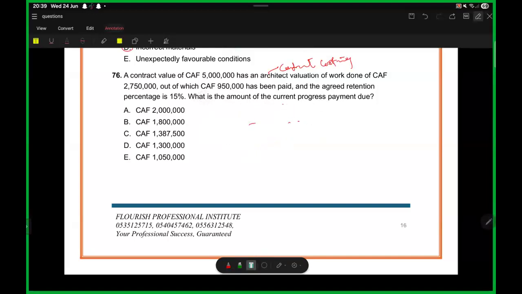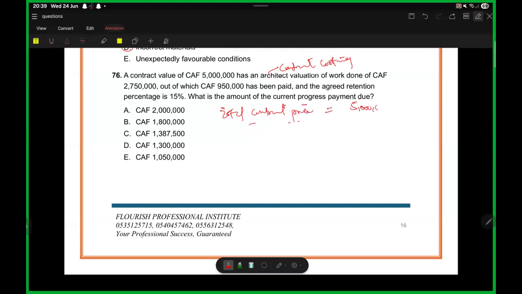We are told to find the amount of the current progress payment due. All right. So the total contract value, that is the contract price, is given as 5 million.